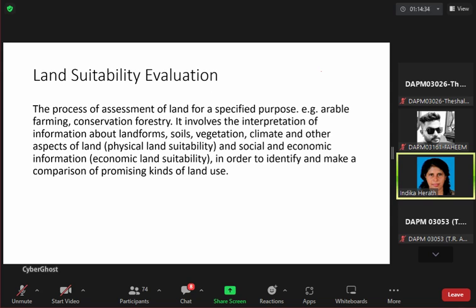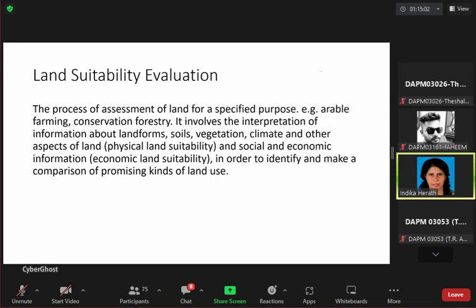We can do an assessment or evaluation of whether this land is suitable for the purpose. It involves interpretation of information about landform, soil type, vegetation, climate, and other aspects of the land, right? So it is not only about the land's surface characteristics, but also above ground, below ground, and climatic factors. Only then can we decide whether this land is suitable.